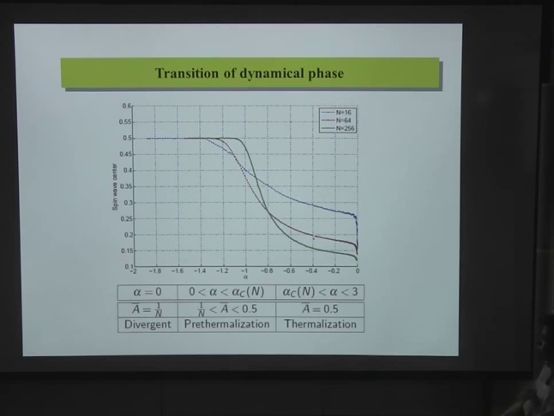And this shows how the system behavior varies when you change the parameter alpha. When alpha is less than -1, which corresponds to a short range interaction, the system directly approaches the thermal state. It approaches 0.5. When alpha is less than 0.1, you will have a pre-thermal state.